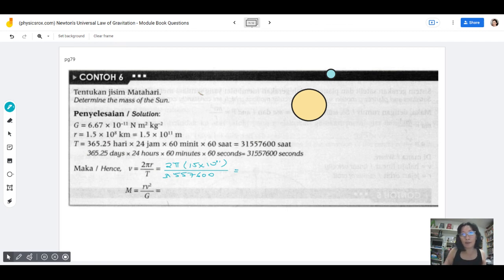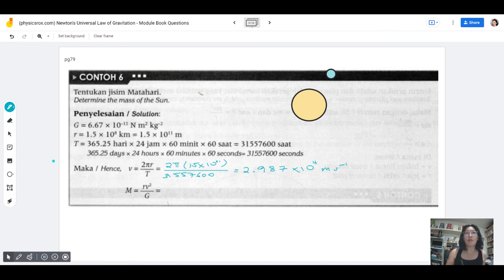This is 1.5 in case you can't see the dot. I nearly couldn't see it. And you should get 2.987 times 10 to the power of 4 meters per second.